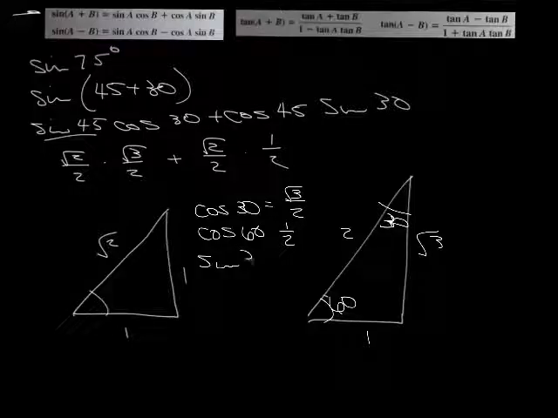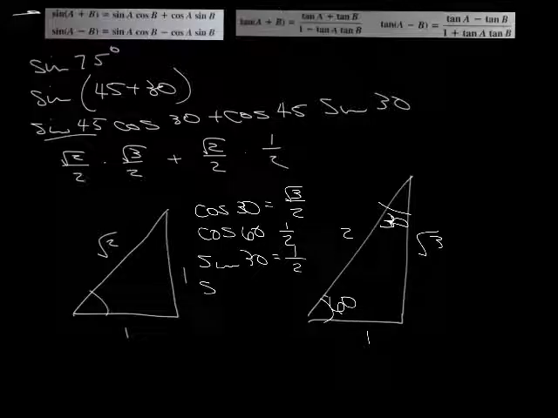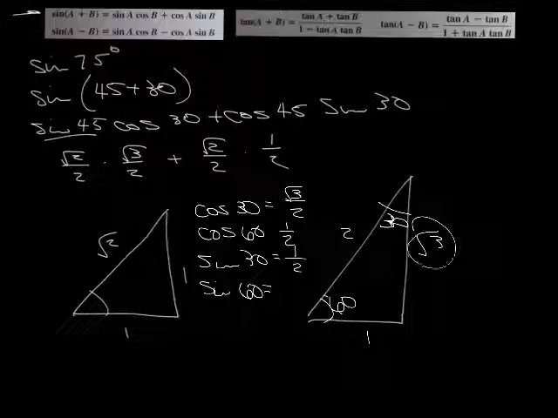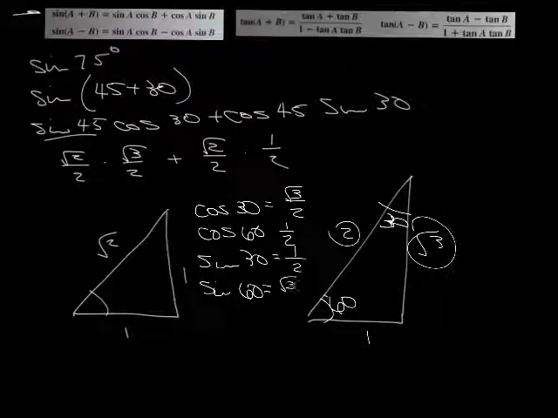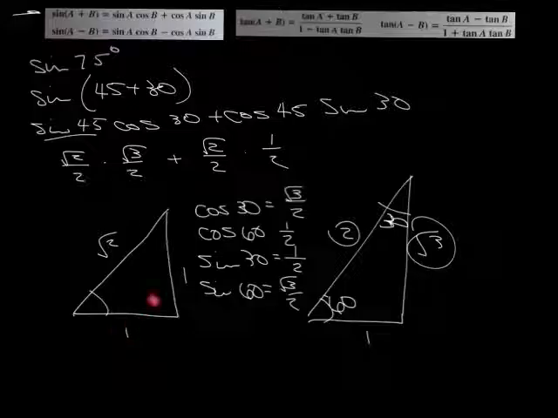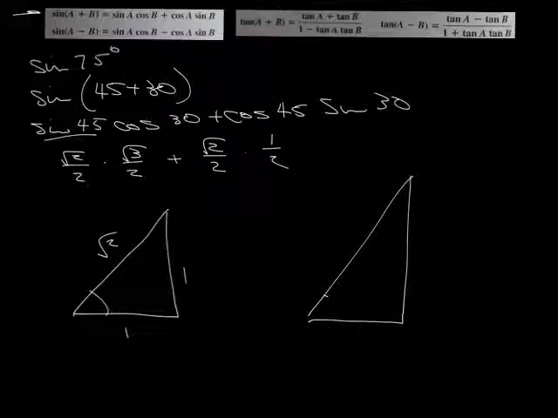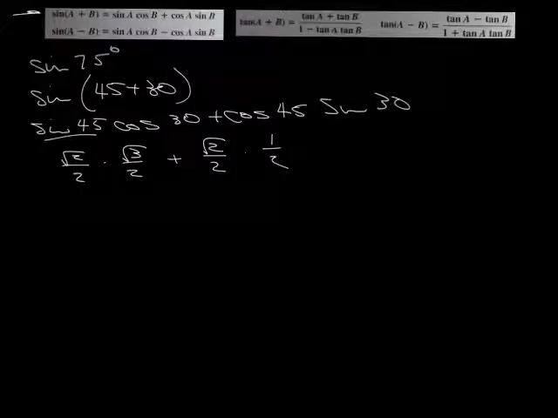Our sine of 30 is going to be opposite over hypotenuse, and our sine of 60 is also opposite over hypotenuse. So you can just make your triangles at the top of your page and put those numbers there: 1, 1, square root of 2, and 1, 2, square root of 3, and then you've got them there to look at real quick and easily when you're trying to solve these problems.